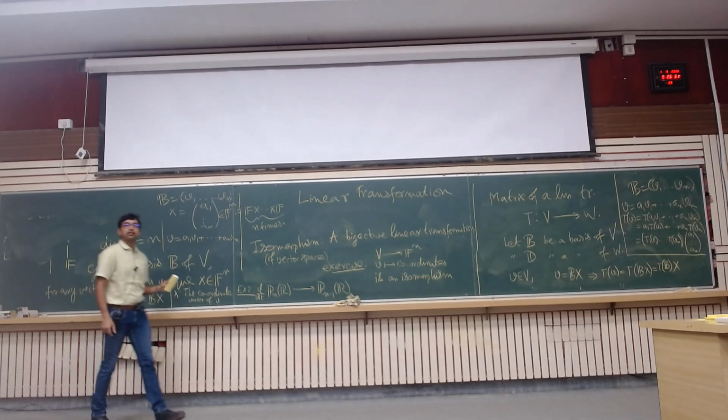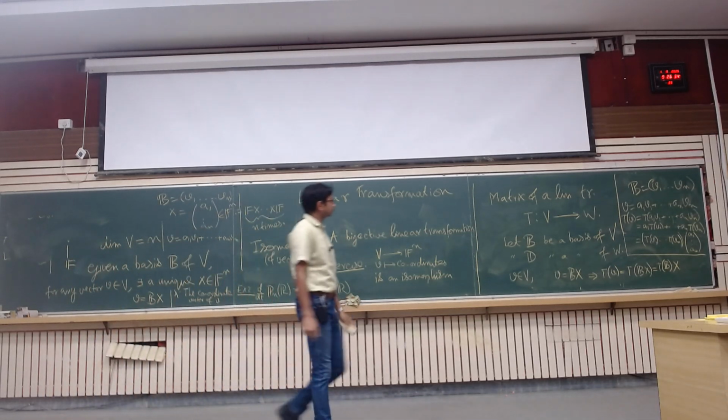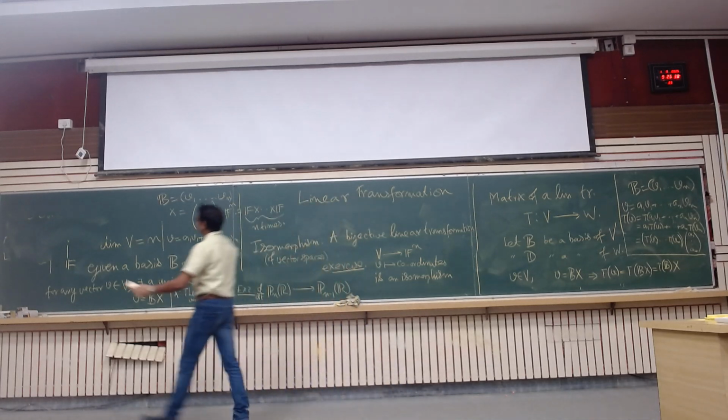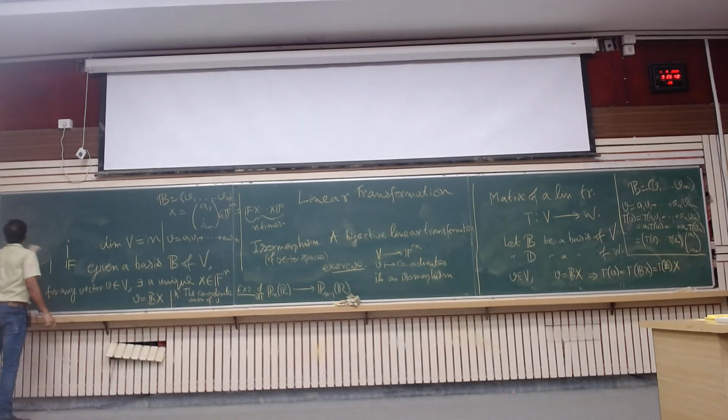Is it appropriate to write T of B because it's a map from V to W, right? Yes, but suppose you have a map F from R to some other set S, and then by F of R you mean the image of R, right?